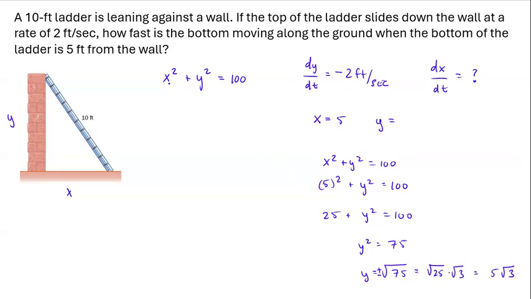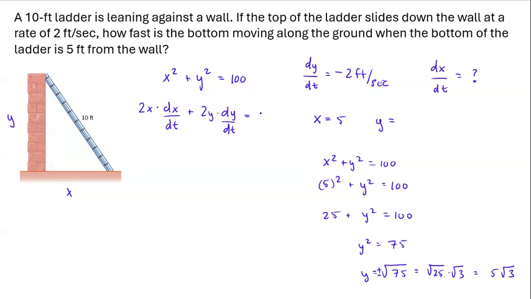So now let's go back to our equation, x squared plus y squared equals 100. And we're going to take the derivative. So we've got 2x times dx/dt plus 2y times dy/dt.